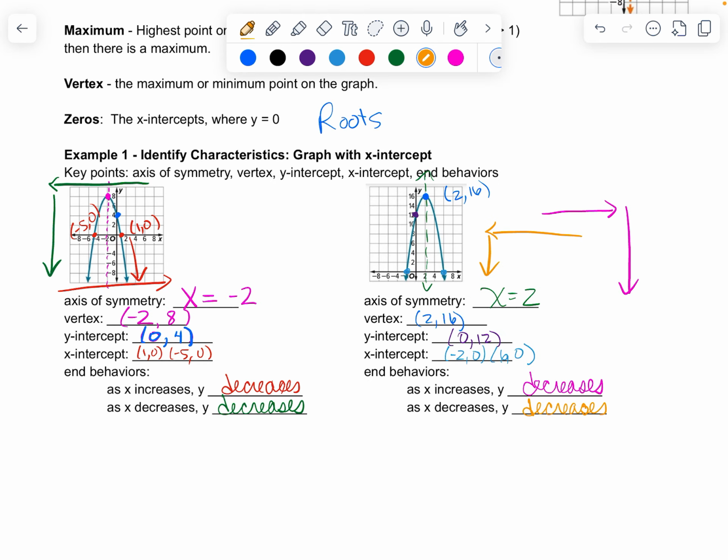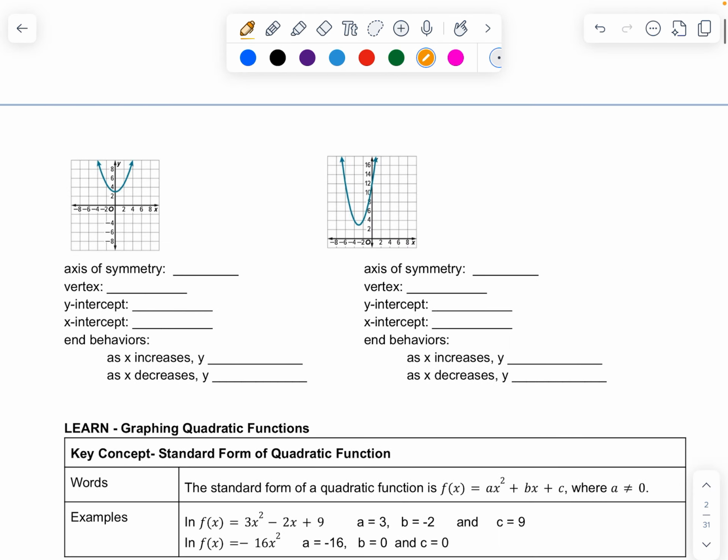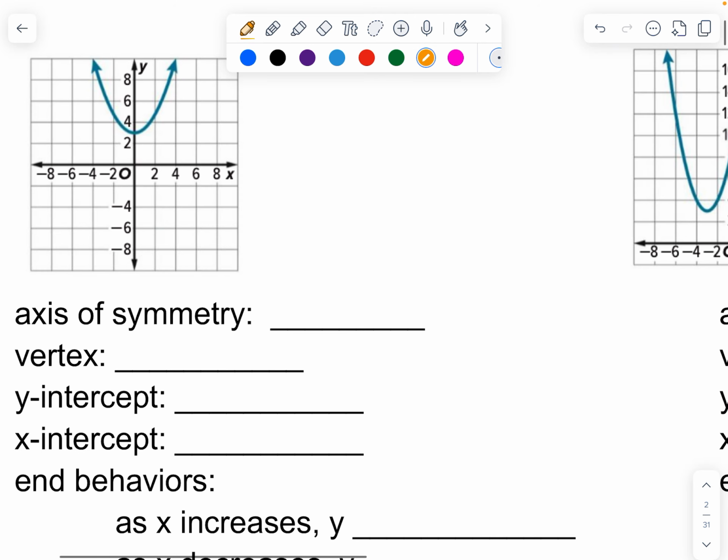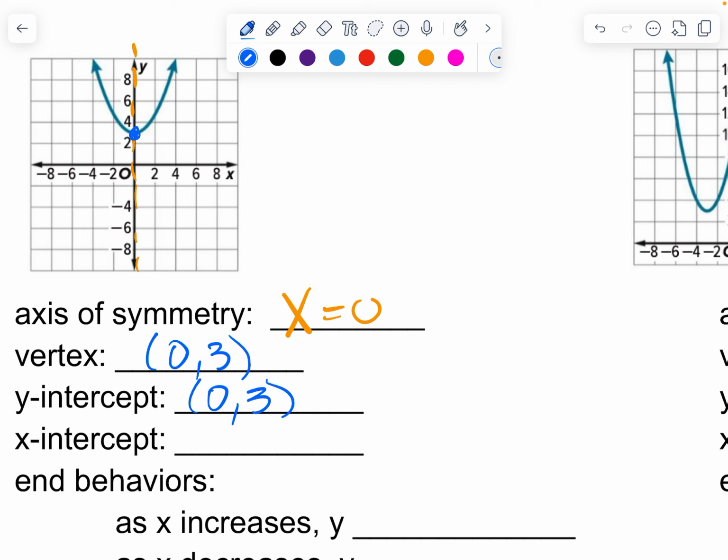Okay. Awesome. This one, axis of symmetry. Right here, x is equal to 0. This point right here, that is the point 0, 3. Y-intercept, look at that. It's also the y-intercept. Doesn't hit the x-axis.